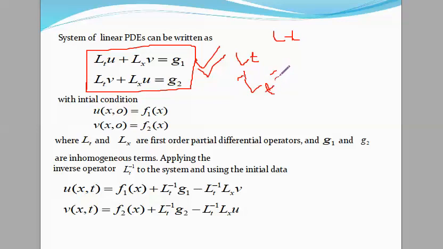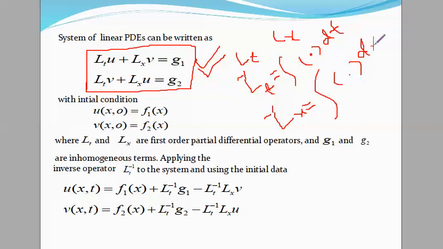L inverse t is equal to the integral of any unknown function with respect to t, and L inverse x is the invertible operator for Lx, which is equal to the integral of the unknown function dx. So these are the linear invertible operators for the above linear operators.